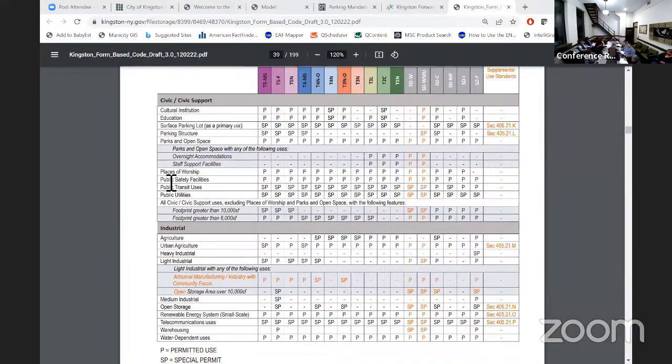All of these figures were developed through professional consultants who are aware of other municipalities throughout the state, with consideration of the existing building stock throughout the city of Kingston. You've looked at this and nothing strikes you as odd.